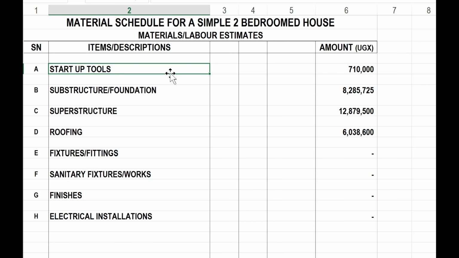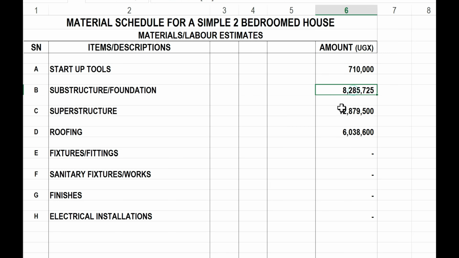First, the startup tools. It might cost you around 710,000 Ghanaian shillings. Then substructure, that is the foundation. It might cost you around 8,285,725 shillings.